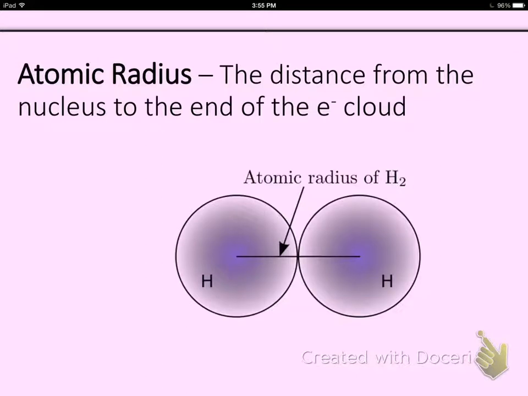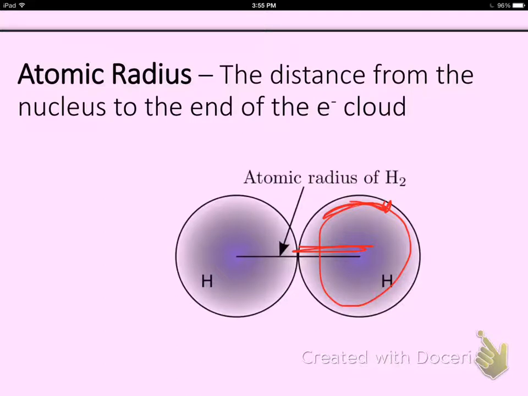The first trend we're going to talk about is atomic radius. You can think about atomic radius basically as the size of the atom. There's not a lot of agreement on exactly how to measure it, because the edge of where the electrons are is not very specific. According to Heisenberg, they can be anywhere.